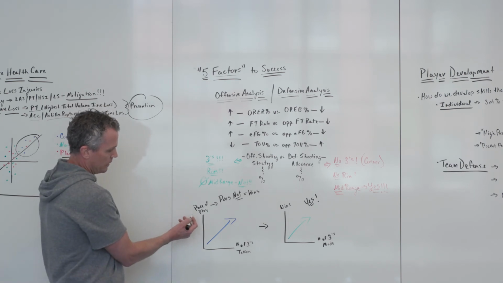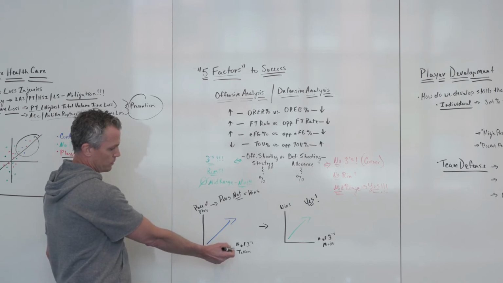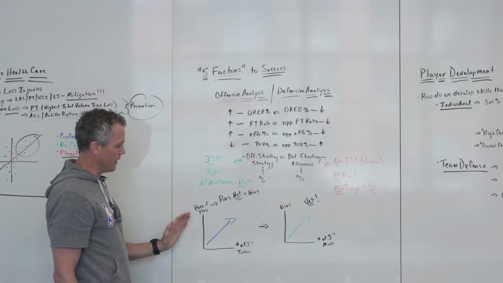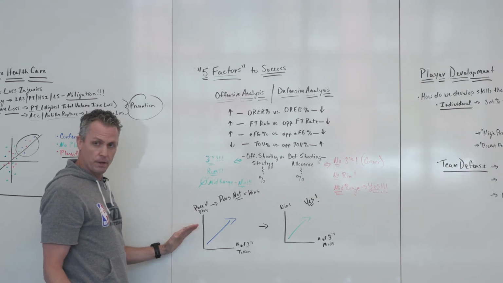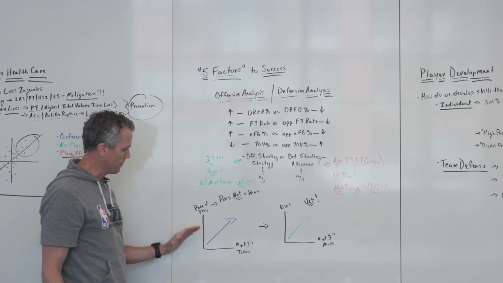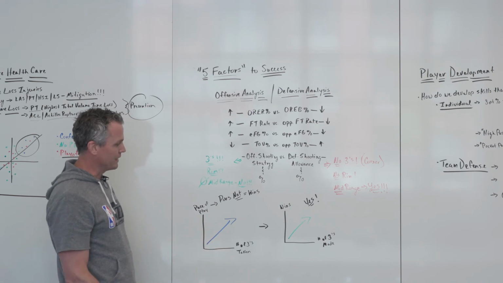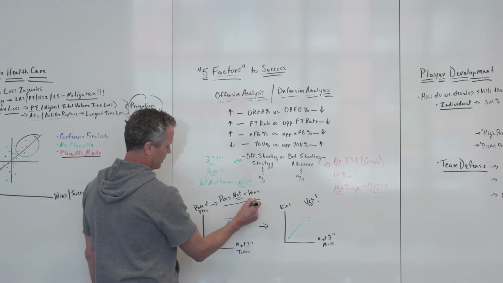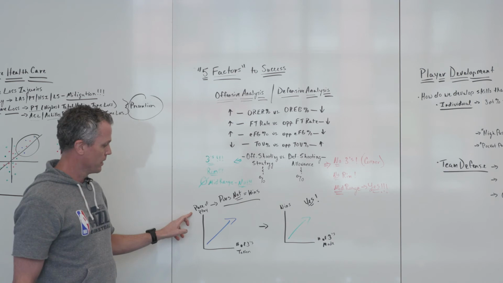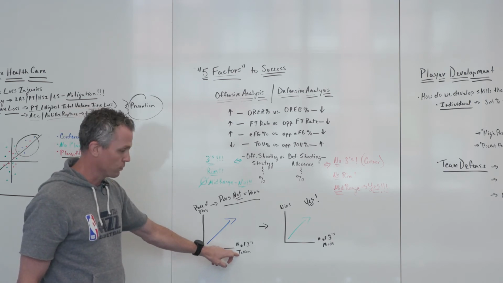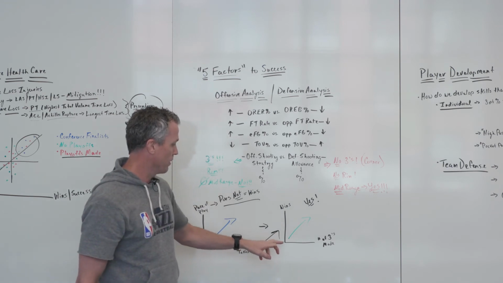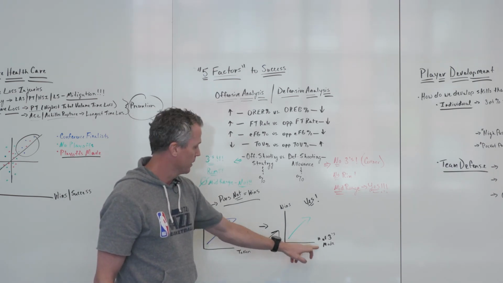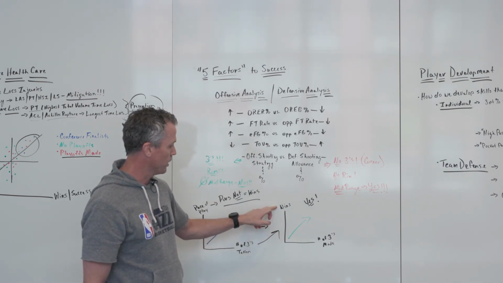pace of play will correlate almost directly with the number of threes taken. So the faster the game is, the more possessions we can get per game, the more threes we'll take. That does not equal wins or success, the pace of play, but it does increase the number of threes we take. As you can see going here, the number of threes we make correlates well with wins.